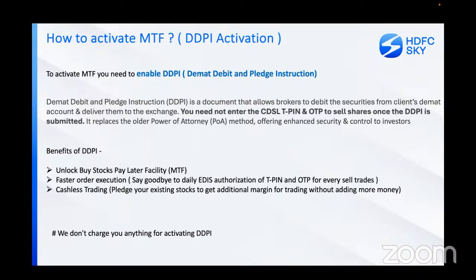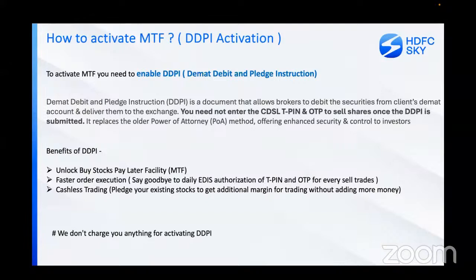Again, the third point is cashless trading. When I say cashless trading, it means that if you hold X amount of stocks in your account and you want to take an intraday position, let's take an example: you are bullish on Y stock, but you don't have funds, but you have a holding of X amount.